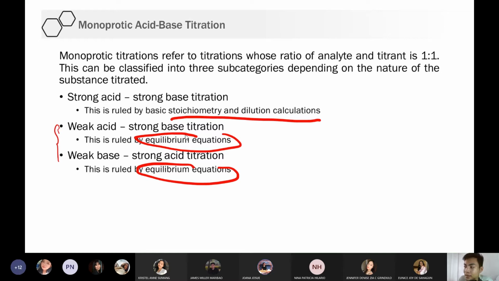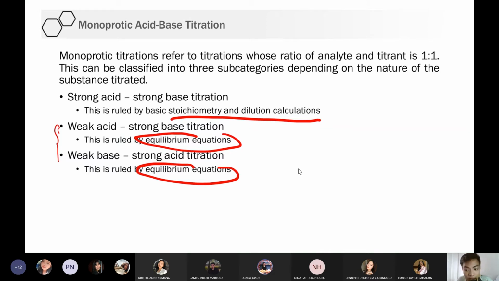So again, kapag strong acid, strong base, stoic lang yan. Madali lang siya kasi stoic lang. However, when you have weak acid or weak base na, dun na tayo gagamit ng equilibrium. Dito mo na gagamitin yung square root of Ka chaka yung Henderson-Hasselbalch equation.